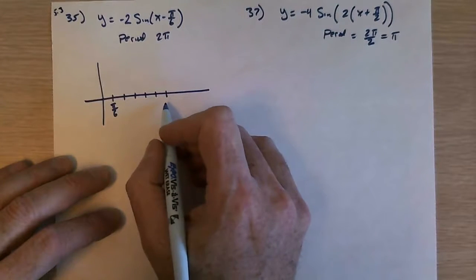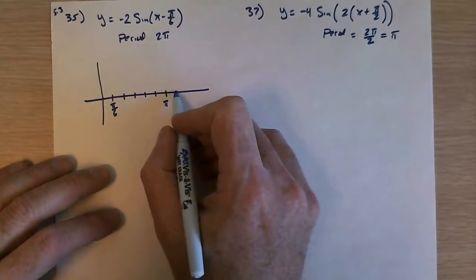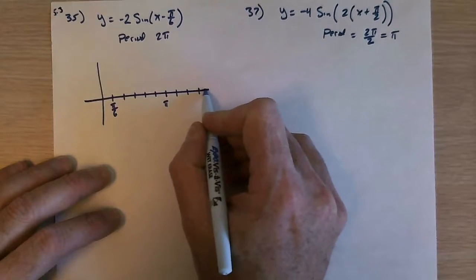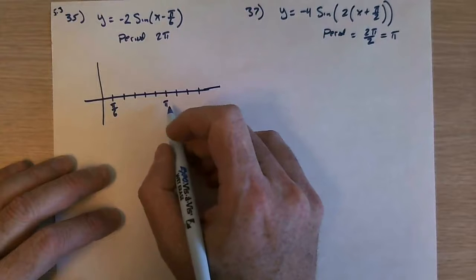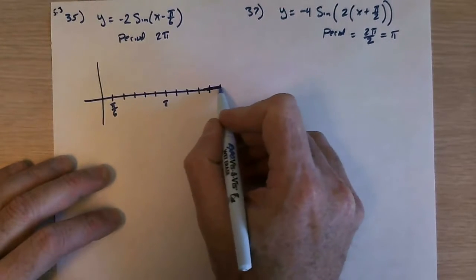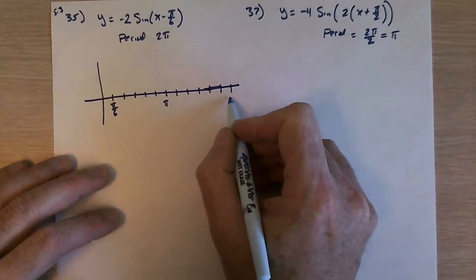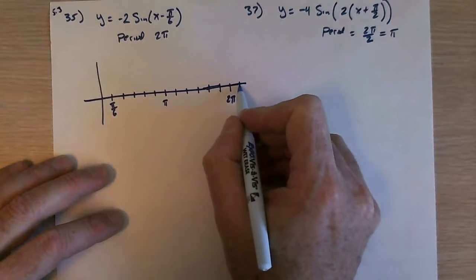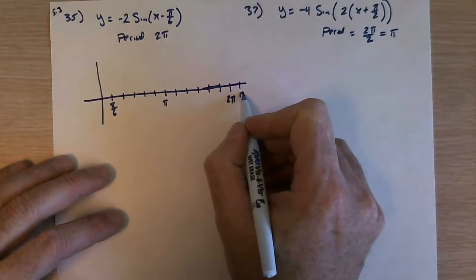Well, 6 pi over 6 is just pi, and then 7 pi over 6, 8, 9, 10, 11, 12 pi over 6. 12 pi over 6 is 2 pi. I'm going to go one more. It's 13 pi over 6.